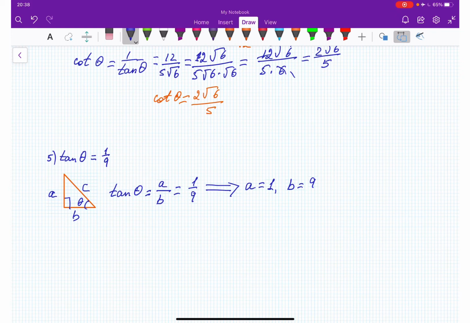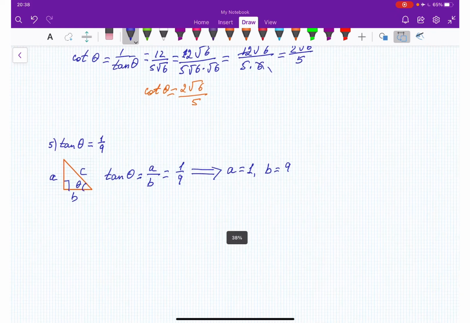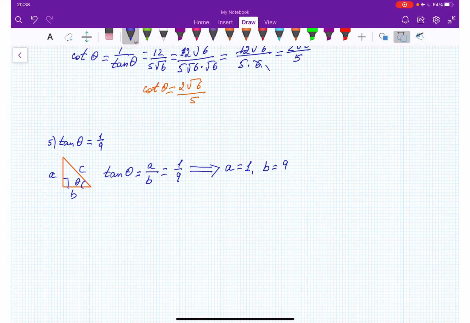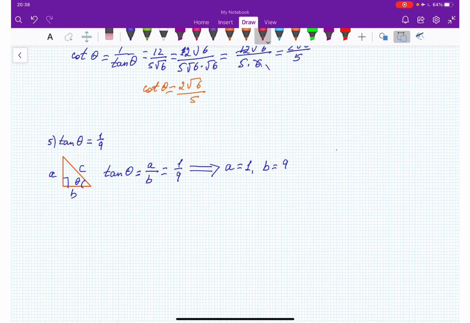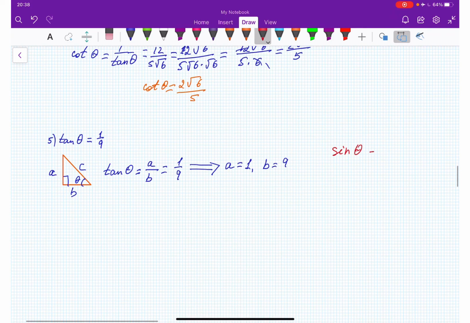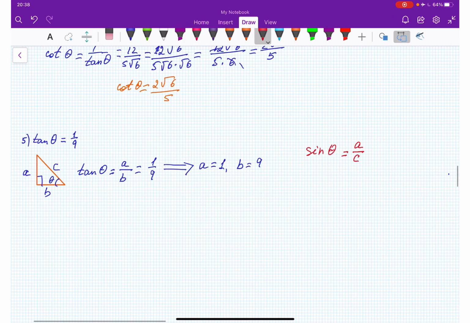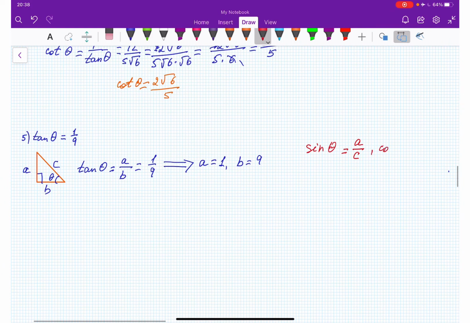Okay? Next, let me write down all identities from the Pythagorean theorem, because that's where it's coming from. Sine theta, from the triangle with the right angle, sine theta is equal to A over C, opposite leg over hypotenuse. Okay, cosine theta is equal to adjacent leg over hypotenuse.